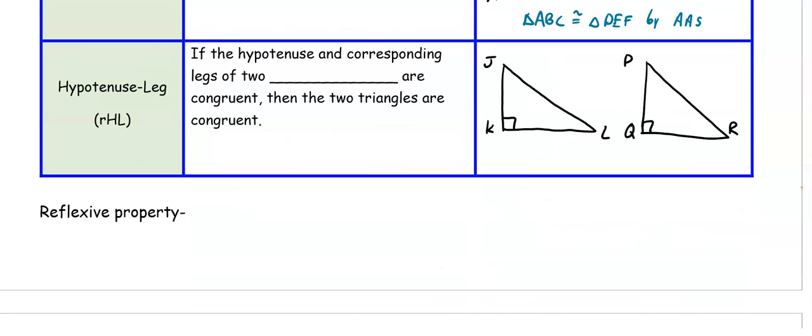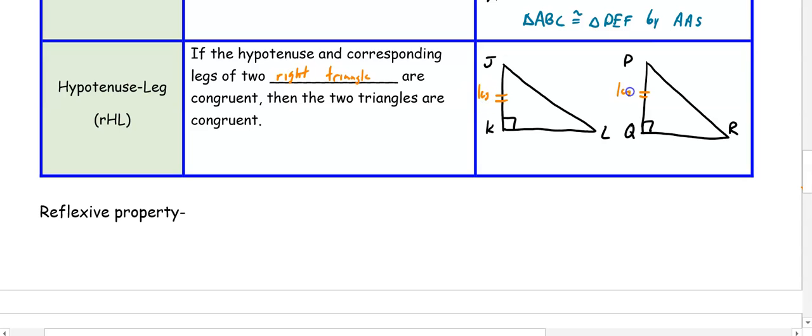Our last method then is a special case because it only works in right triangles. So hypotenuse leg, which sometimes is just called HL and other times called RHL, is when you have two right triangles and you have a leg and a hypotenuse that are congruent. So we notice right now we already have the right angles marked. One of the legs is going to be one of the sides that is forming that right angle.